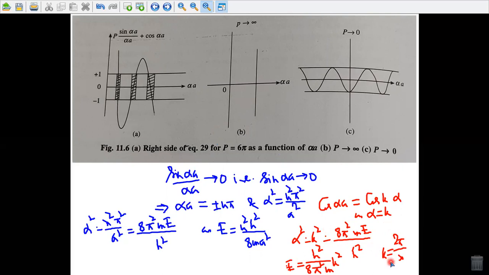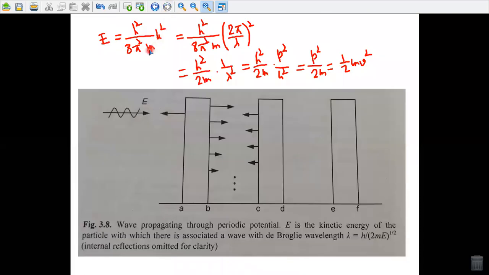Substituting k equal to 2 pi by lambda, E becomes h square by twice m times 1 upon lambda square, that is p square by twice m, that is half m v square, where lambda is the de Broglie wavelength, that is h upon the momentum p, which is m v. This is equivalent to the case of the free particle. Hence no energy level exists that is disallowed.